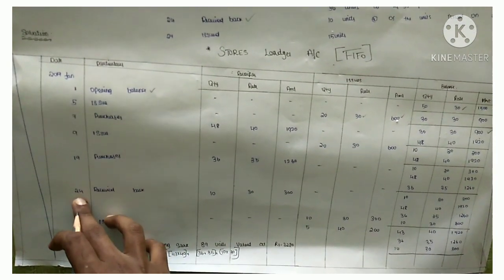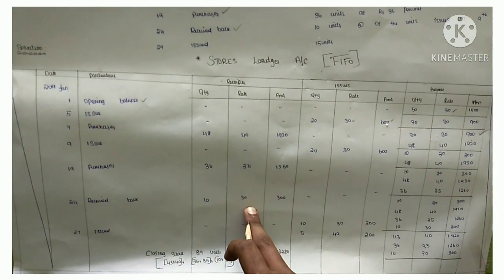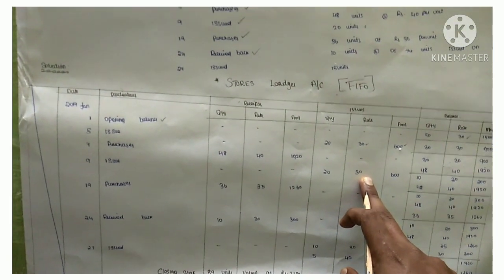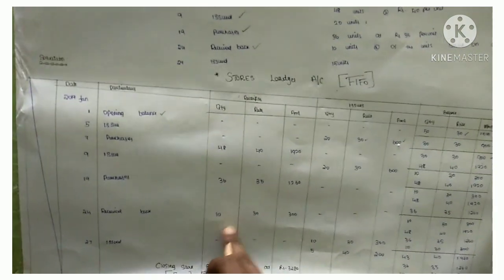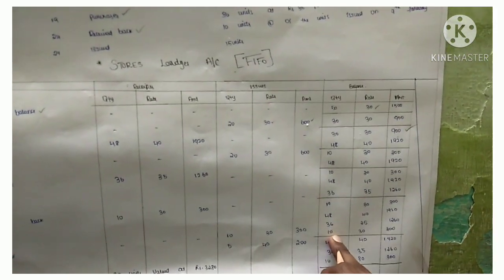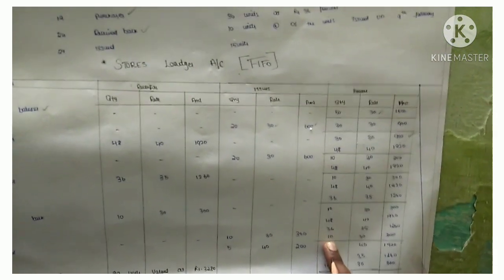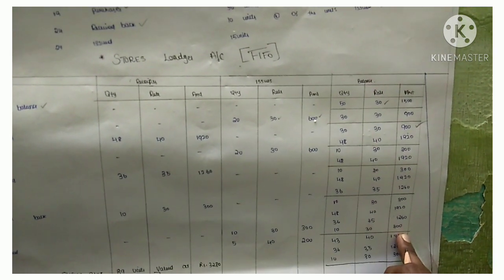The transaction date is 24. Received back 10 units, and the rate is 30 because they were issued on 9th Jan at the rate of 30. Received back 10 units at the rate of 30. Amount is 300. And they enter in the balance column. The earlier three lots continue, and the last new one is 10 units at the rate of 30, the total amount is 300.